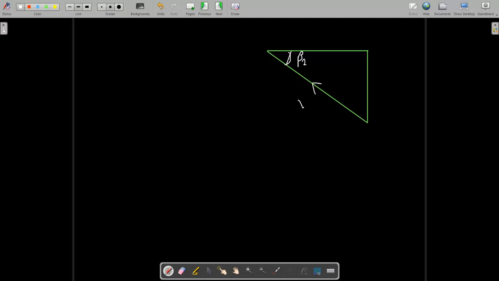This is the relative velocity Vr2. This will be Vf2, velocity of flow at outlet, and this is our u2, velocity of blade at outlet. Okay, so this is the velocity triangle. And at inlet, there are three possibilities. It may be like this.